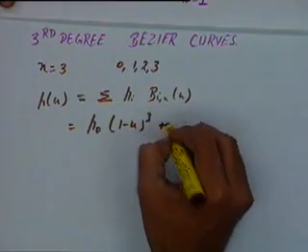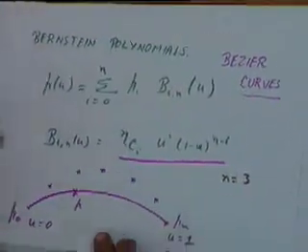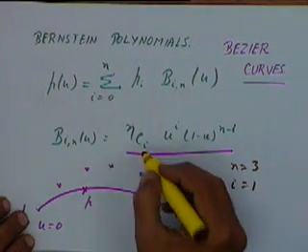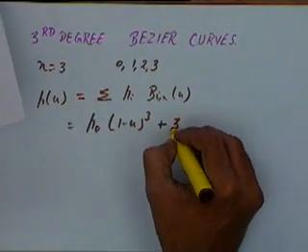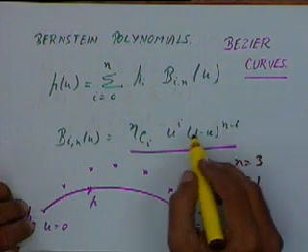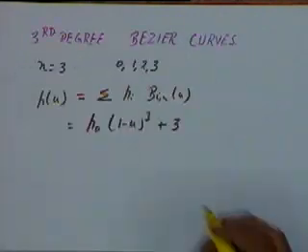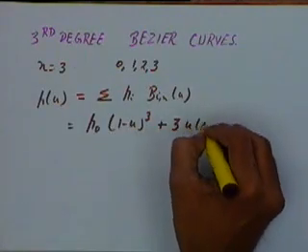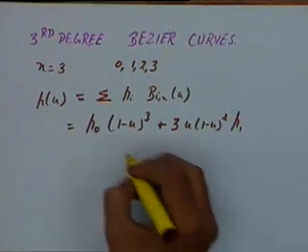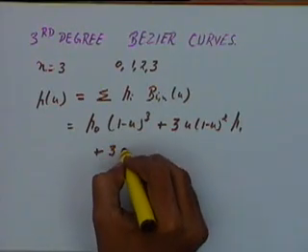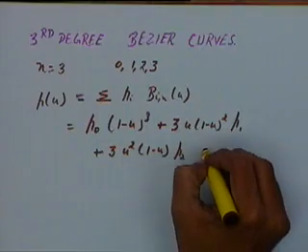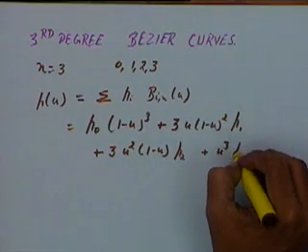Plus the coefficient of P1, n equal to 3, i equal to 1. So nCi will be 3, u into 1 minus u squared. I is 1, n is 3, so I'll get 3u into 1 minus u squared multiplied by P1, plus the next term will be 3u squared into 1 minus u into P2, plus u cubed into P3.